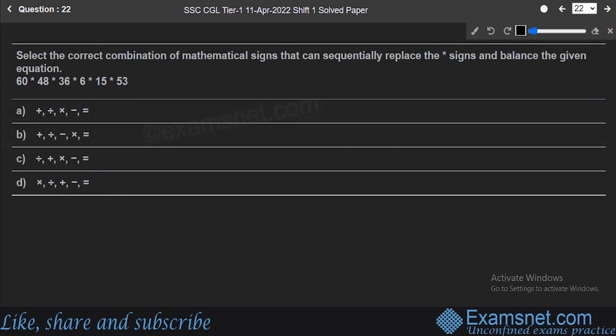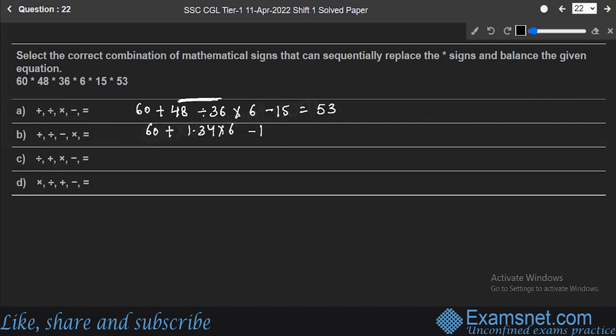If I'm filling this in, it makes the expression 60 plus 48 divided by 36 multiplied by 6 minus 15 is equal to 53. So you have to check. First of all, according to BODMAS, we'll be solving this. 60 plus 48 divided by 36 will give you 1.34.